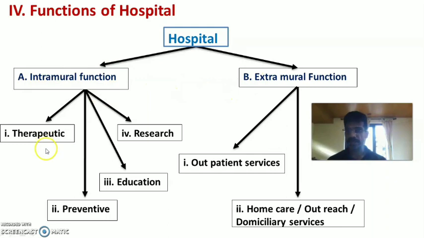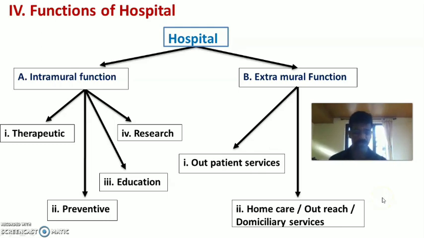Intramural functions include therapeutic functions, preventive functions, educational functions, and conducting and participating in the research, that is research functions. Extramural function is outside the hospital, that is done as outpatient services. We said outpatient services reaching out to the community or the family of the patient in the community. Then home care, that is home visiting.